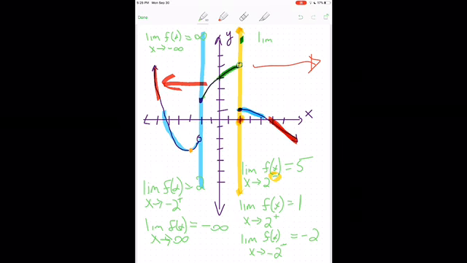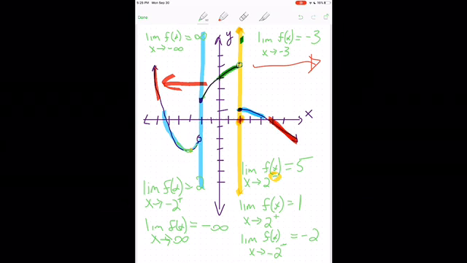So if I said what's the limit of f of x as x approaches negative 3, well, if I don't specify what direction, that means it should be the same from both sides for right now. In calculus, it'll be a little bit different. But for right now, it should be the same from both sides. Well, as I come from the right side, I'm going to that point. As I come from the left side, I'm going to that point. And what's the y value there? The y value is also negative 3. So that's just looking at limits graphically.